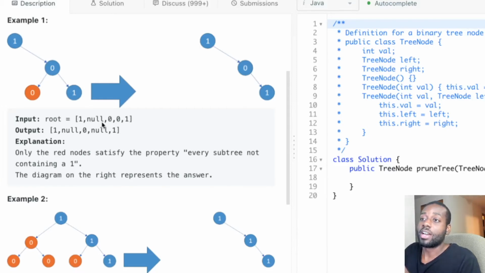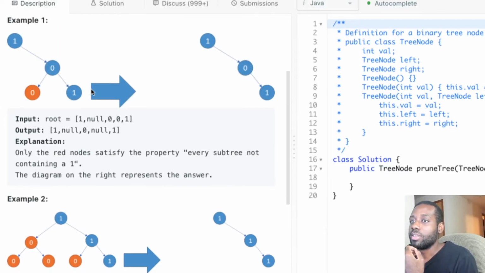But if I don't get a null from both my left and my right, then I return myself, because I know there must exist a one. Both my left and right subtrees are not both null, so I need to make sure that I don't get rid of that node, guys.